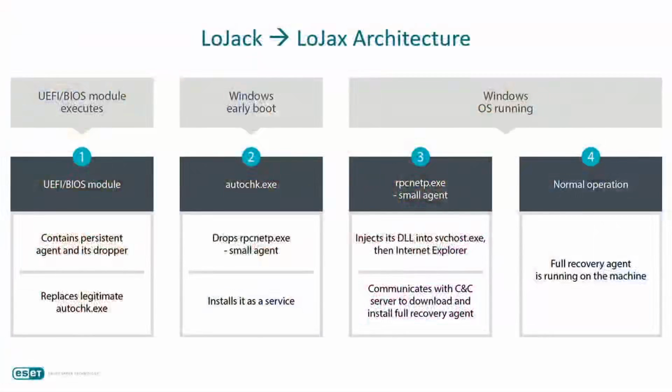I'll just mention that they drew their inspiration from LoJack, which was a legitimate anti-theft solution for laptops. And in an anti-theft solution, this powerful persistence mechanism makes sense. I mean, if a thief was able to easily get rid of the solution, it wouldn't be a very good anti-theft tool, would it?